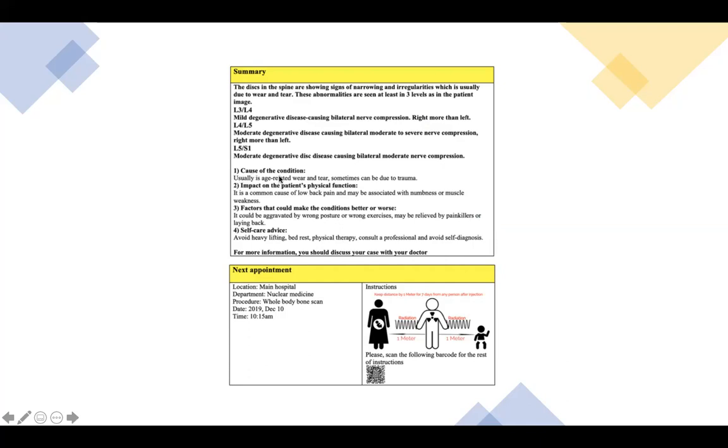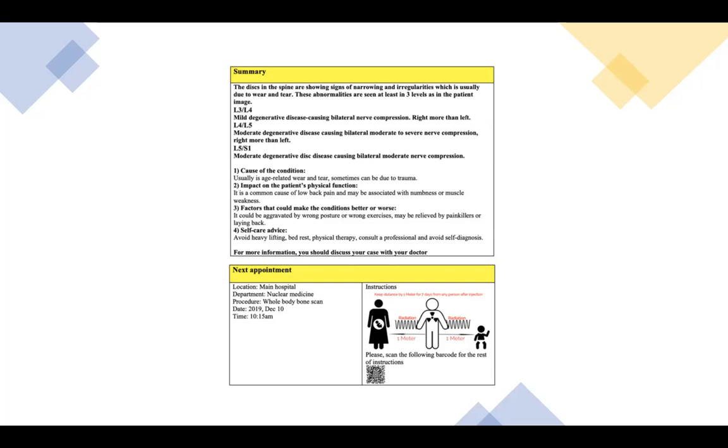For example, the cause of the condition, the impact on the patient's physical function, factors that could make the condition better or worse, and self-care advice. The radiologist can put any of that, and we can add something like, if you have more questions, be prepared for the radiologist. And the report has to be more comprehensive.